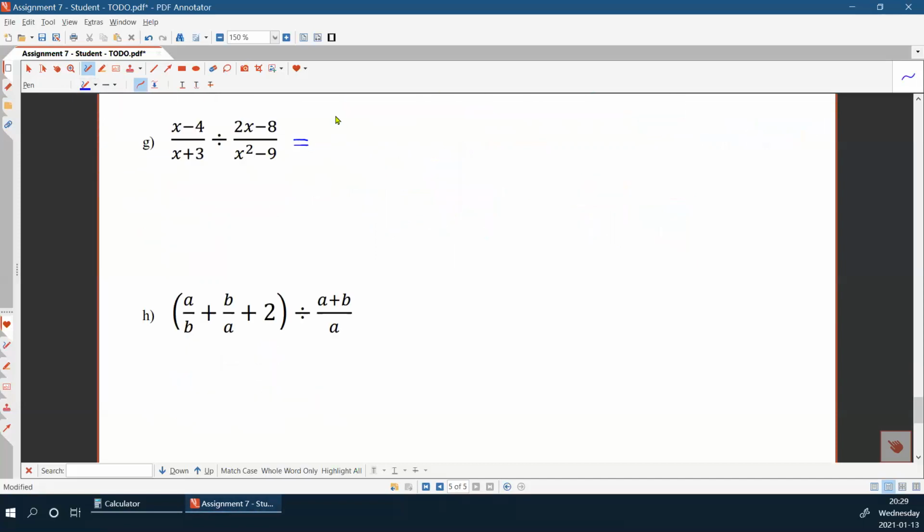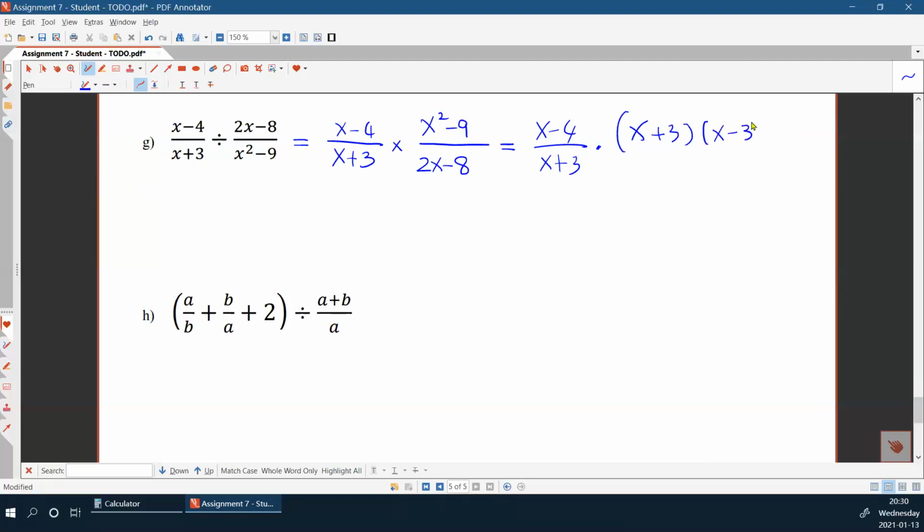Next one, x minus 4 over x plus 3, right? Times the reciprocal of the second term, which is 2x minus 8 over x squared minus 9. And then before you cancel something, rewrite all the terms in a factored form, which means a product of something. For the numerator, x squared minus 9 can be rewritten as x plus 3 times x minus 3.